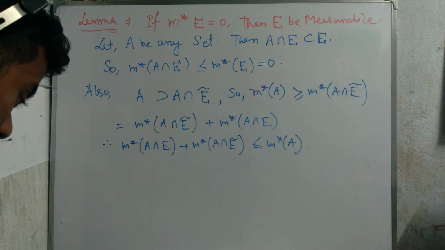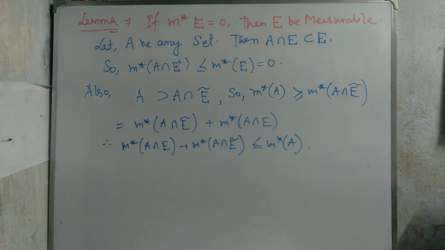Then we see that E is measurable, because this is less than or equal to this one. Here E complement is what we considered.